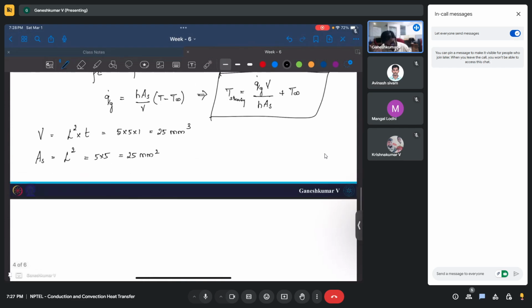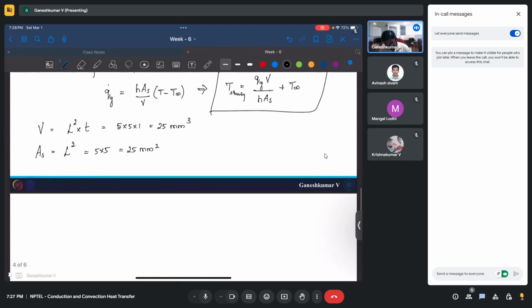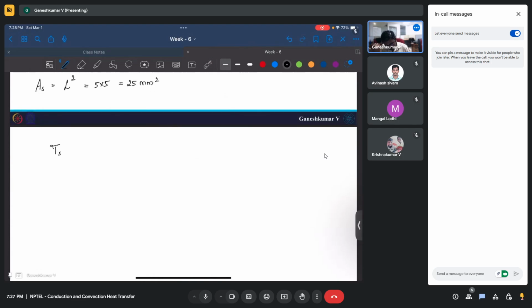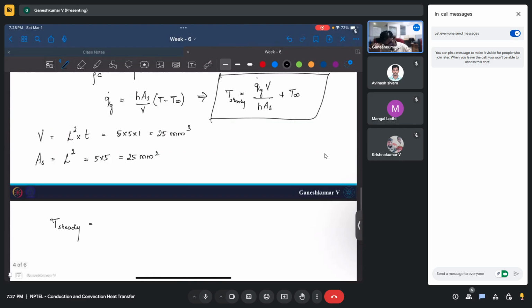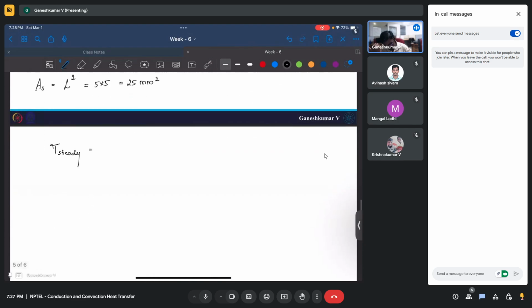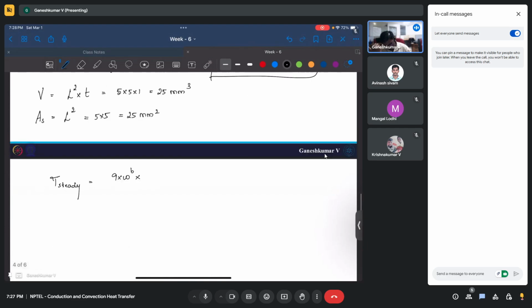Okay. Q dot G is given, h is given, T infinity given. You can directly find T steady. How much would that be? So Q dot G is 9 into 10 power 6 times V is 25 into 10 power minus 9, because you need to convert everything to SI units.